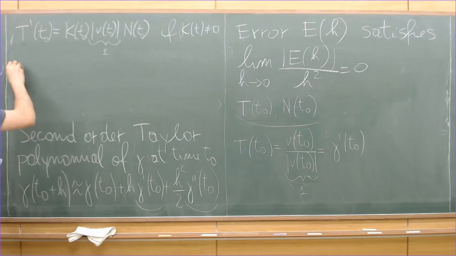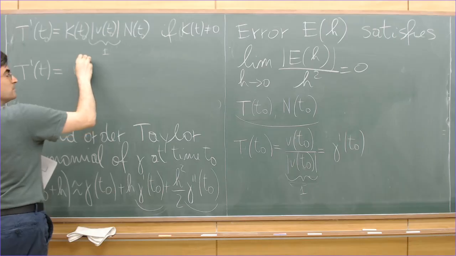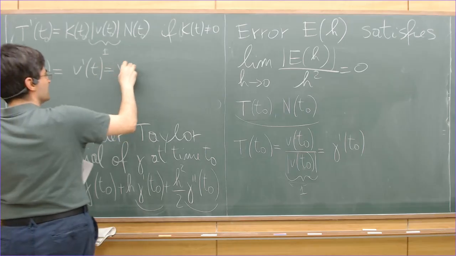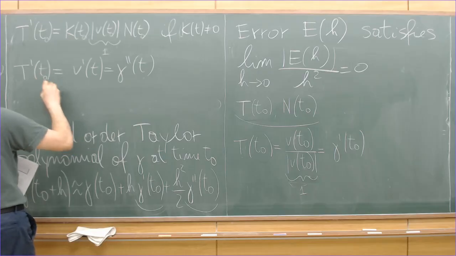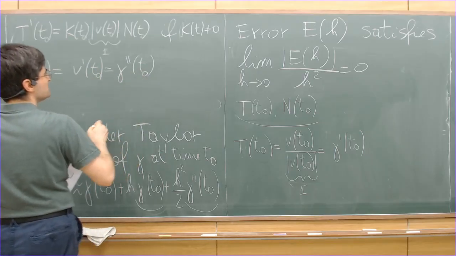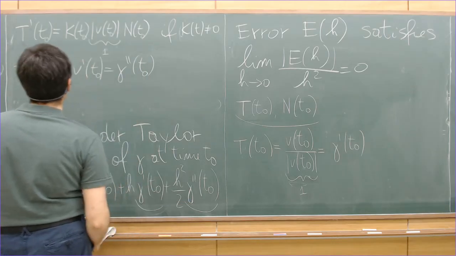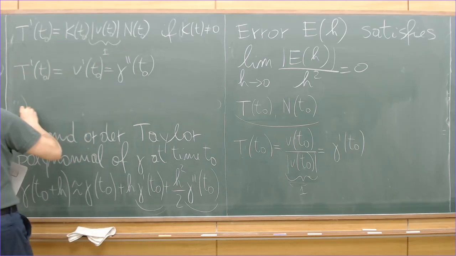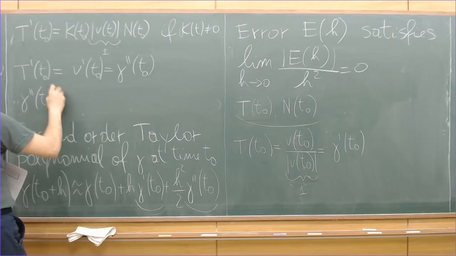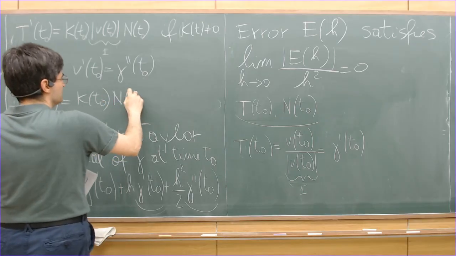So T prime of t will be equal to v prime of t, that is gamma second of t, which we can evaluate at time t0. That gamma second of t0 is exactly T prime of t0. And by this formula we get that gamma second of t0 is k of t0 times N of t0.